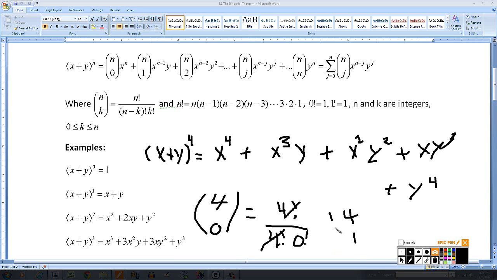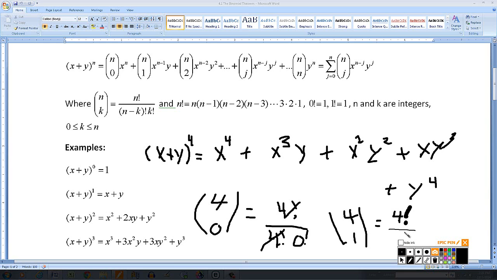So that's going to be 4 factorial over 4 minus 1 factorial.